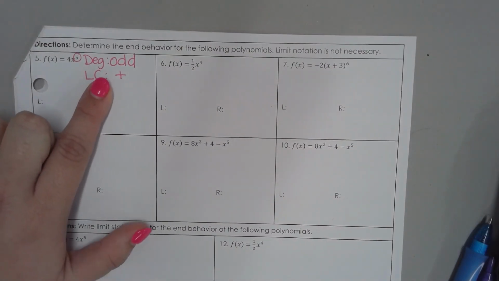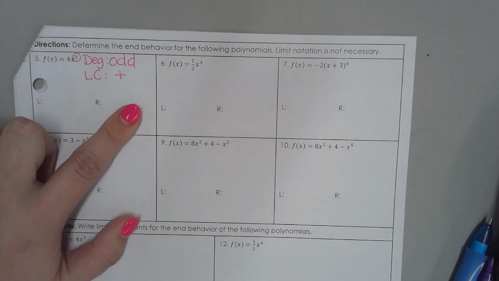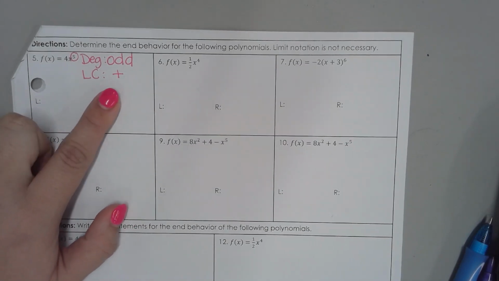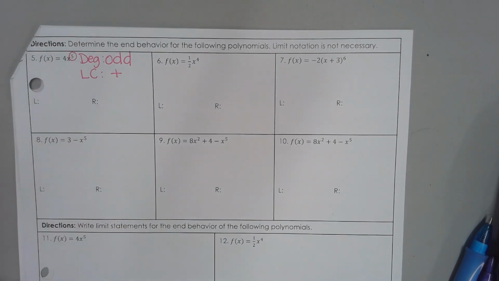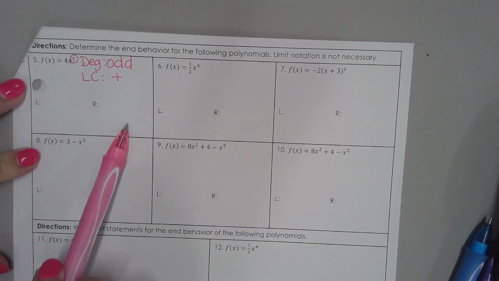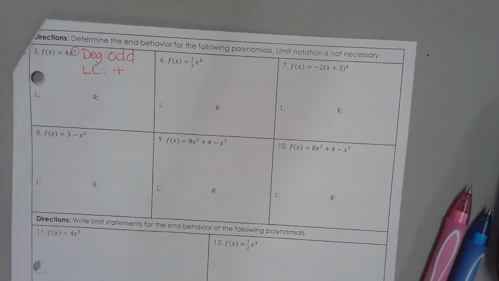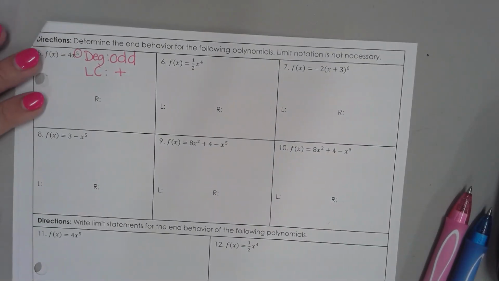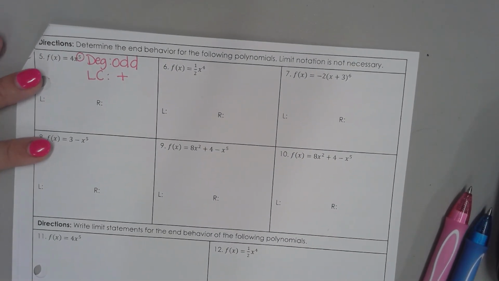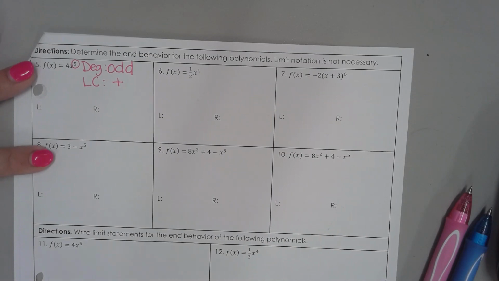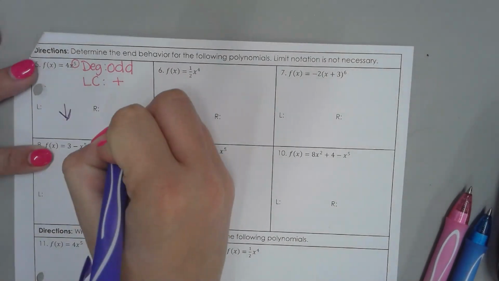So an odd degree and a positive leading coefficient. See if you can remember without flipping back in your paper. You're going to draw either an up or down arrow. So an odd degree, positive leading coefficient. It's like this.